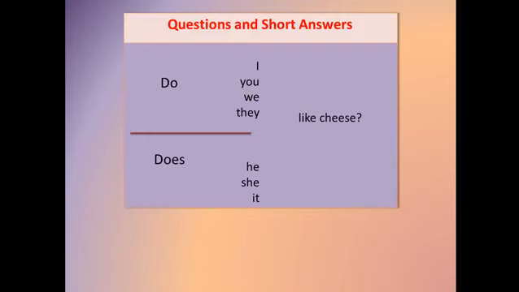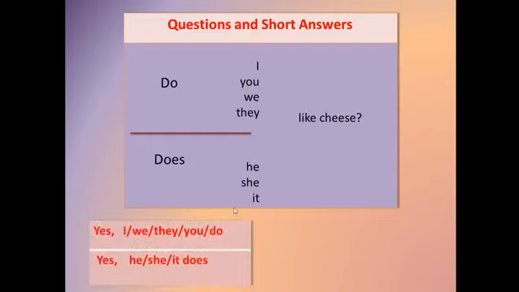But if I want to answer those questions in the present simple, if my answer is in the affirmative or if I want to say yes, with I, we, they, and you, I answer with yes and I add do. Okay, for example, do you like cheese? Yes, I do. And my answer here has an I because I'm asking you, do you like cheese?